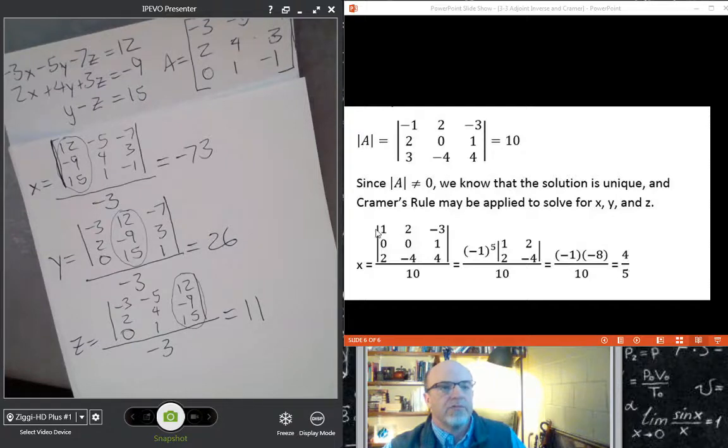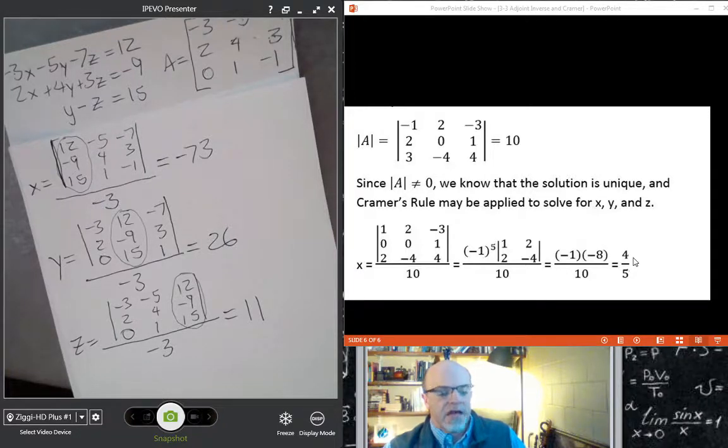And then if you plug in 102 for the third column to solve for z, you're going to get negative 8/5. So x is 4/5 in this case, y is negative 3/2, and z, in the example here on the PowerPoint, is negative 8/5.